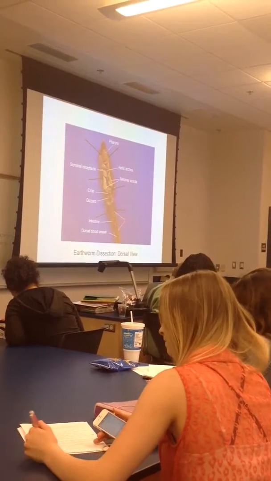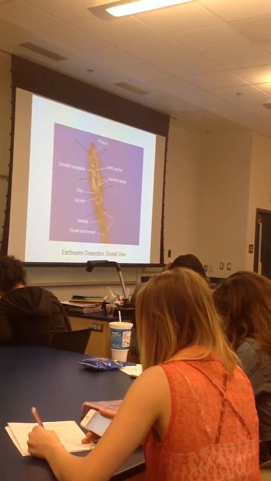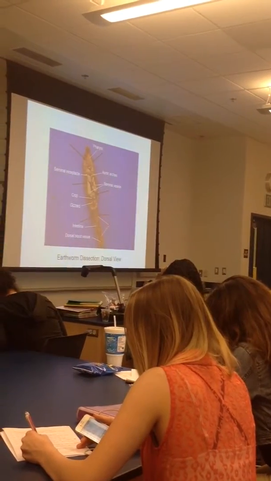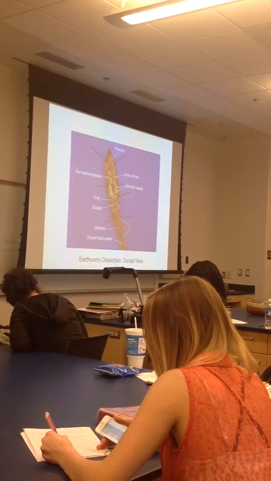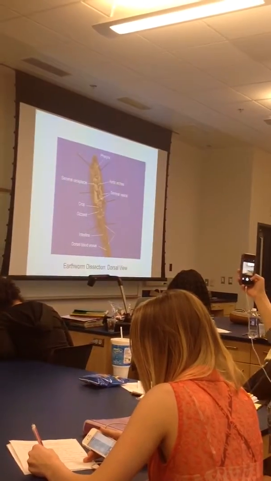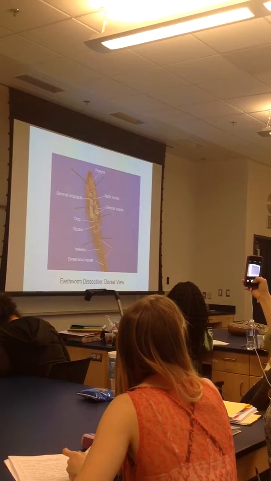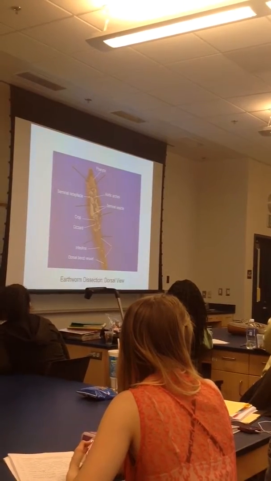Now on top of your intestines, a little bit hard to see, your dorsal blood vessel. Now, what did I tell you in the earthworm that was very likely to be pinned? Where the skin is.